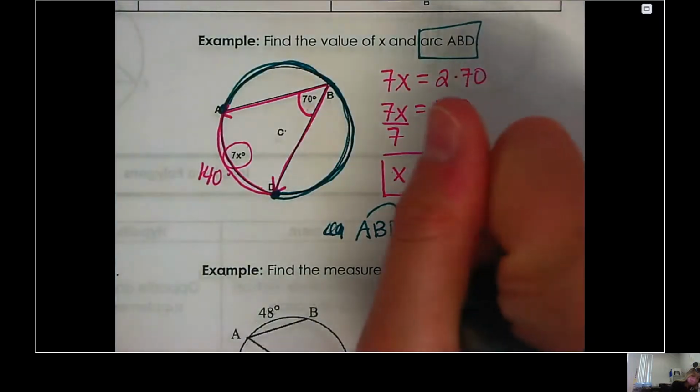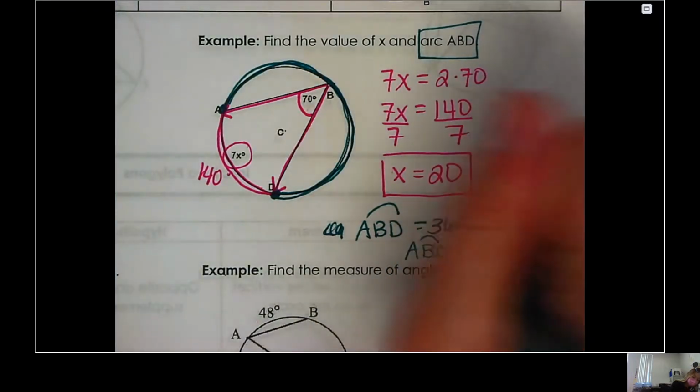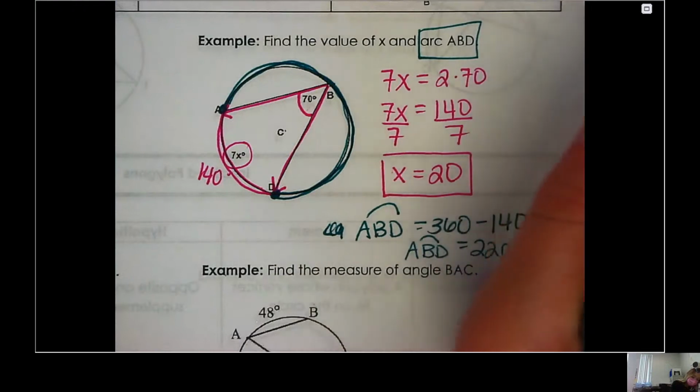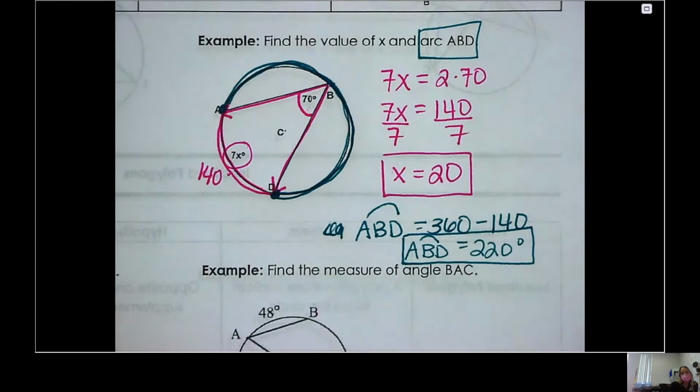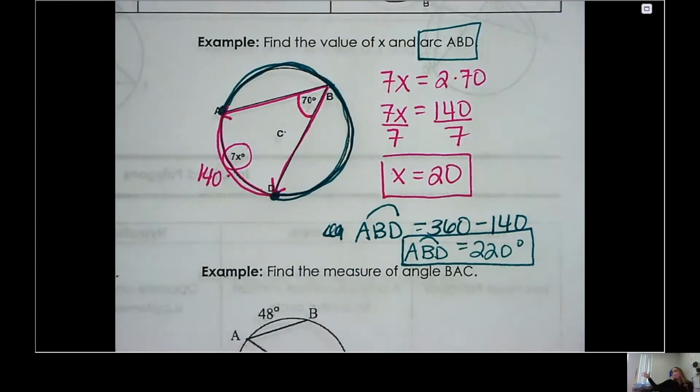Yep, so arc ABD is 220 degrees. Don't forget the degrees, that's really important. And you're done. So you're still using your intercepted arcs, but you also have to use that information of the whole circle being 360 to help you solve for the rest of the problems.